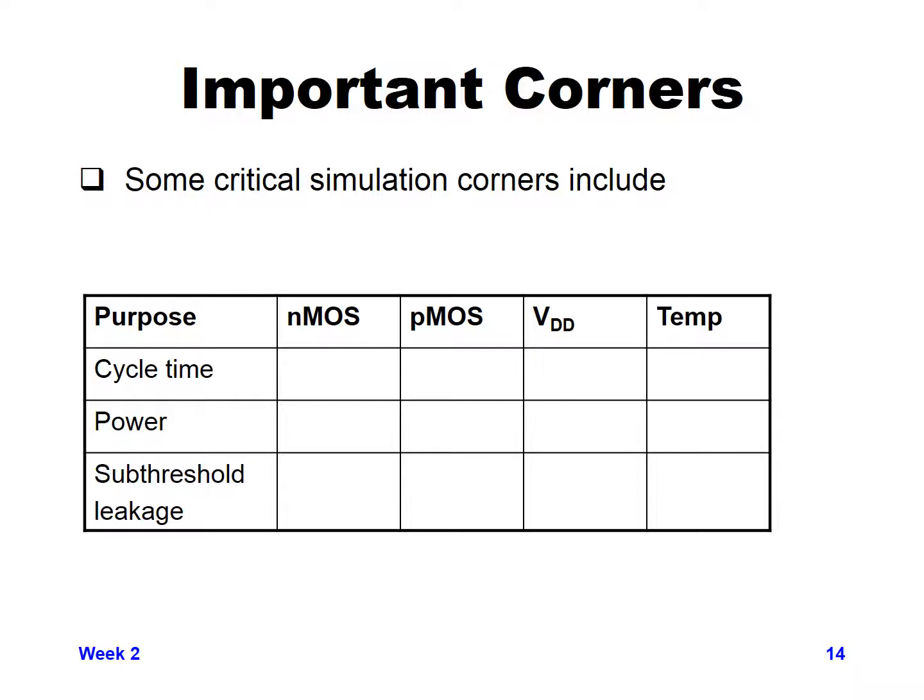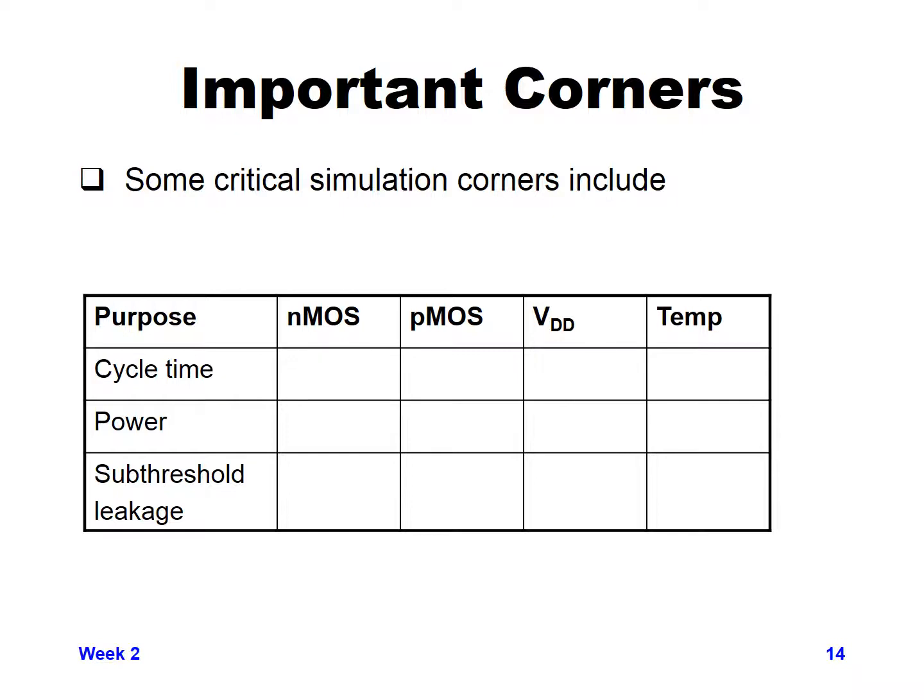So we have 4 different types of NMOS, PMOS, VDD, and temp, and we have 3 different parameters for what type of fast versus slow versus typical, and so we have to decide what are the most critical simulation corners to do, because obviously you take these 12 different boxes here that are shown below and you try to figure out, okay, what are all the permutations of those 4 parameters and the 3 combinations of things we can put in there. We can get hundreds of simulations to do.